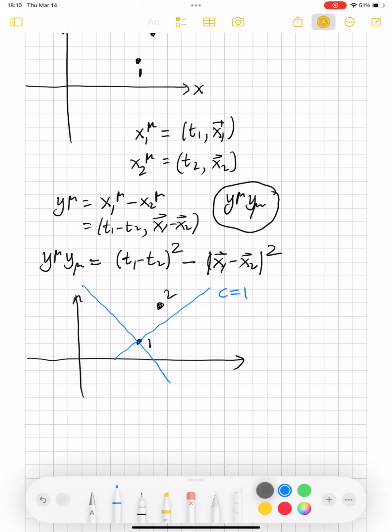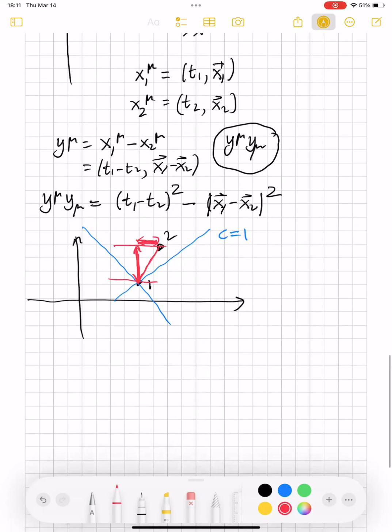So for these 2 points, 1 and 2, you can see that the time difference is bigger than the space difference. Because of that, this quantity y mu will be greater than 0. And because it's more time separation than space separation, we call this time-like separated.